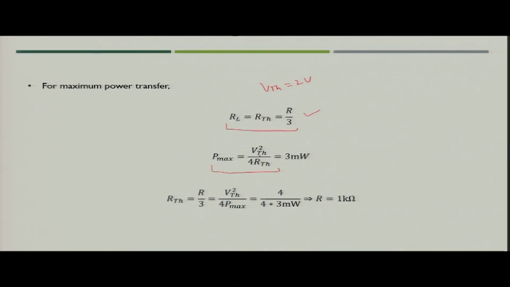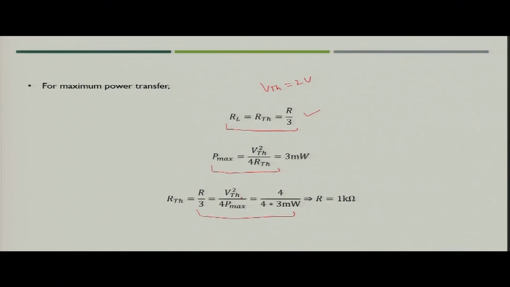So, what can we write from here? RTH is nothing but VTH square by 4 P max. So, you can replace RTH and P max, and you know the value of VTH, that is 2 volts. So, VTH square will become 4 divided by 4 into P max, which is 3 milliwatt, and the whole value is equal to R by 3, which we calculated when we found RTH.